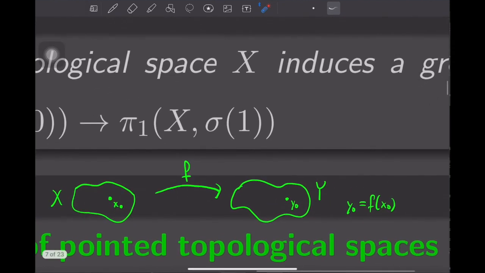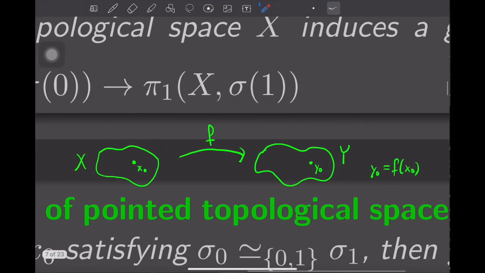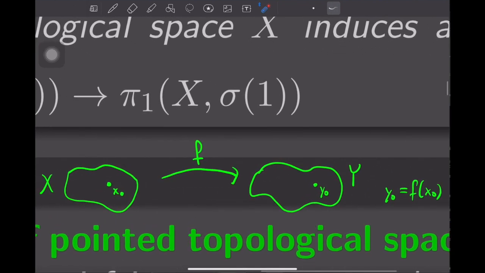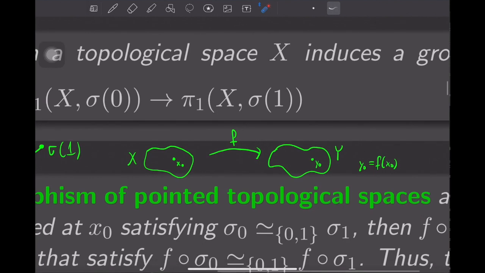So what I'm saying is that if I'm given a continuous function, then I have a well-defined map from the fundamental group based at X naught to the fundamental group based at the image Y naught.